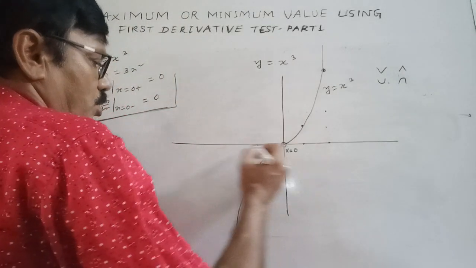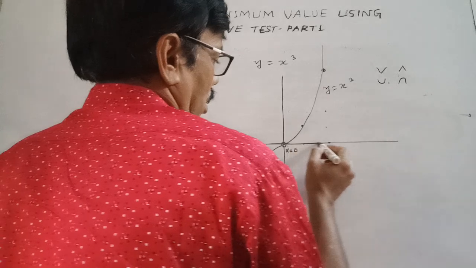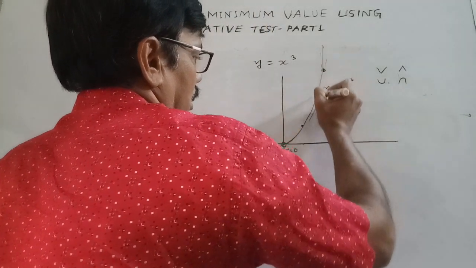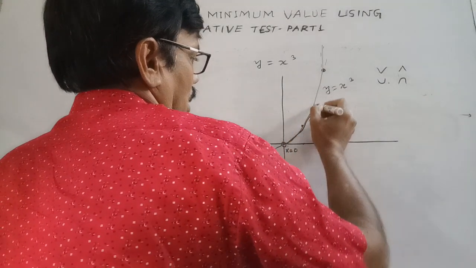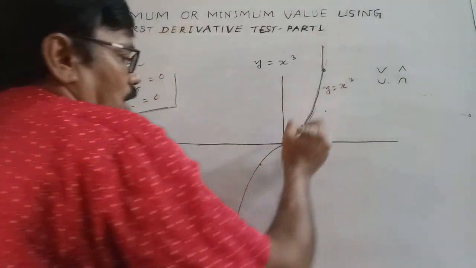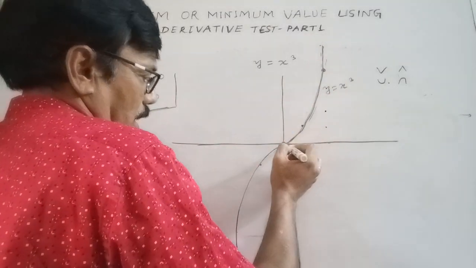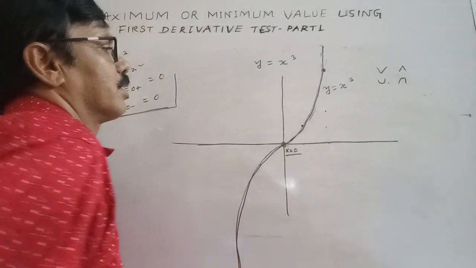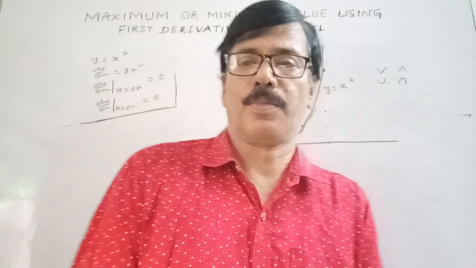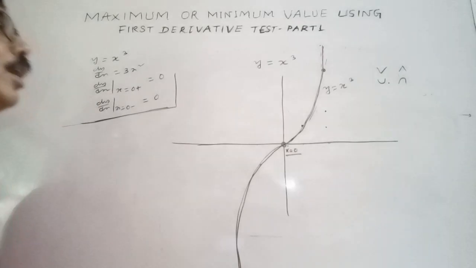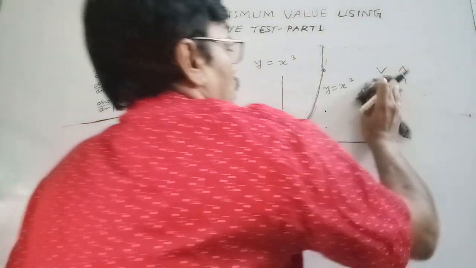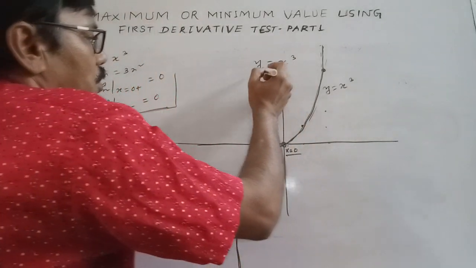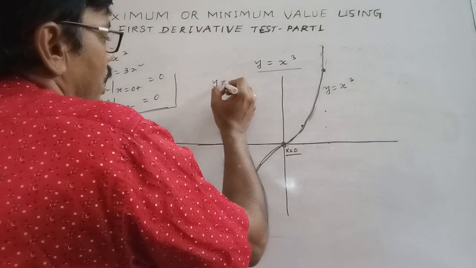At x equals to 0, there is one part, an upward concave curve and a downward concave curve. You learn later.